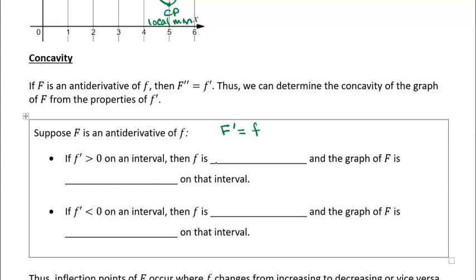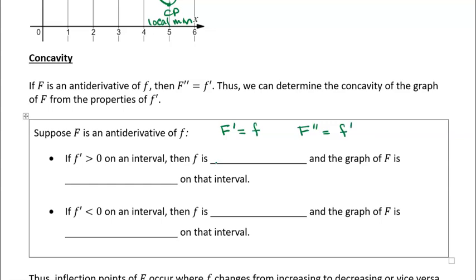Because capital F is the antiderivative of f. I don't like the fact that these have the same letters, just one's a capital. That's what the antiderivative means. But that means that F double prime is equal to f prime, right?